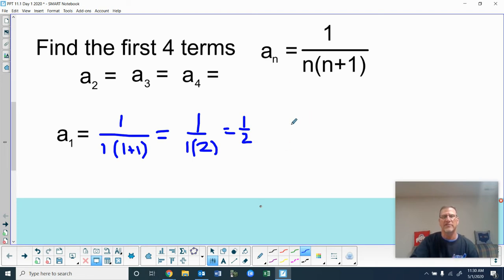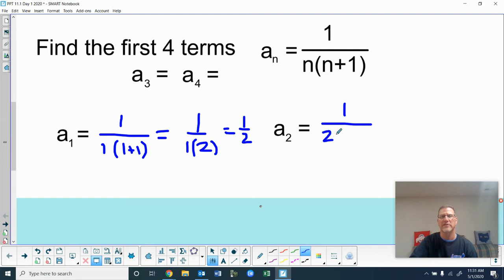Let's do the second term. Let's go back for a second and pull that over, to try to make it a little better for you guys. This time for the second term, it's still 1 on the top, but this time n is 2.